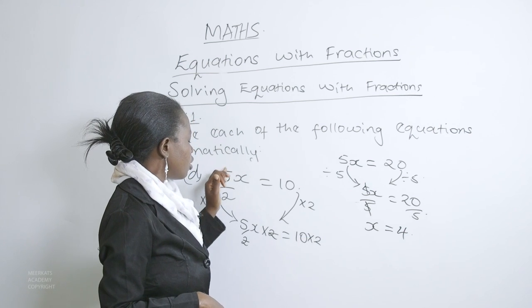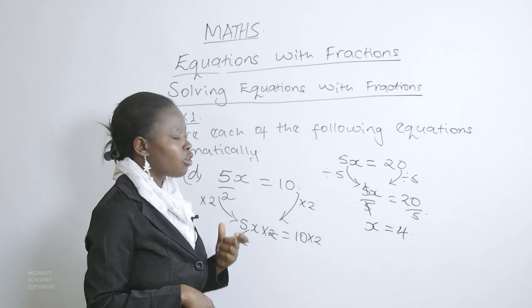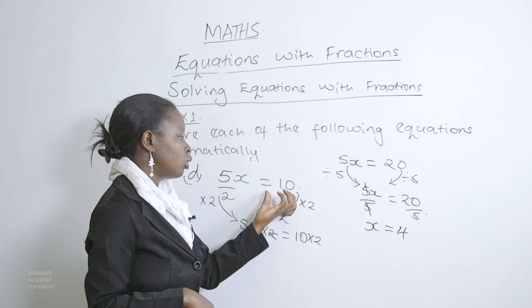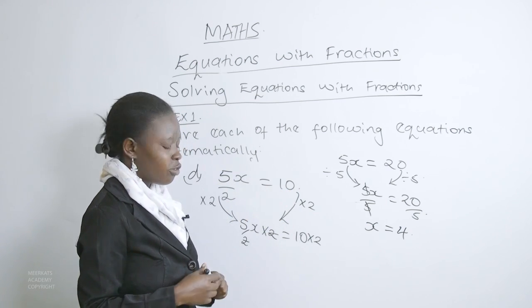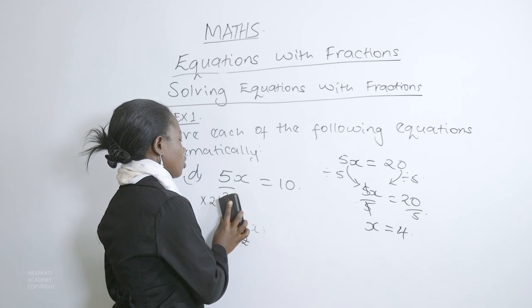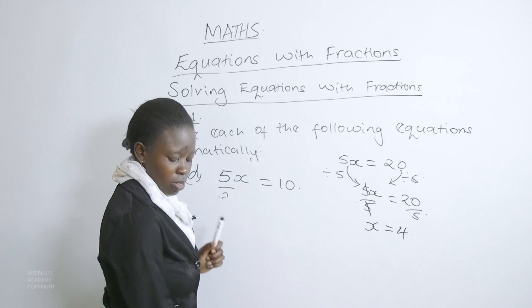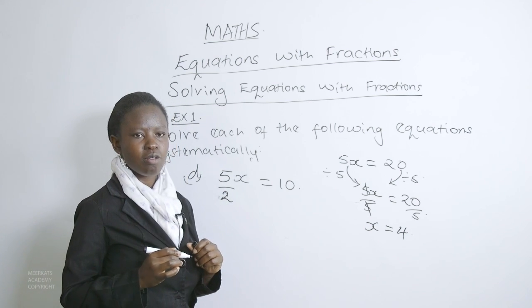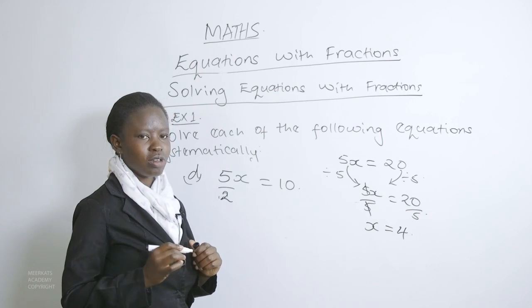So if you try and substitute 4 in our equation, it should be equal to 10. For instance, if we decide to prove whether our answer is right or wrong, the equation we have is 5x over 2 is equal to 10.